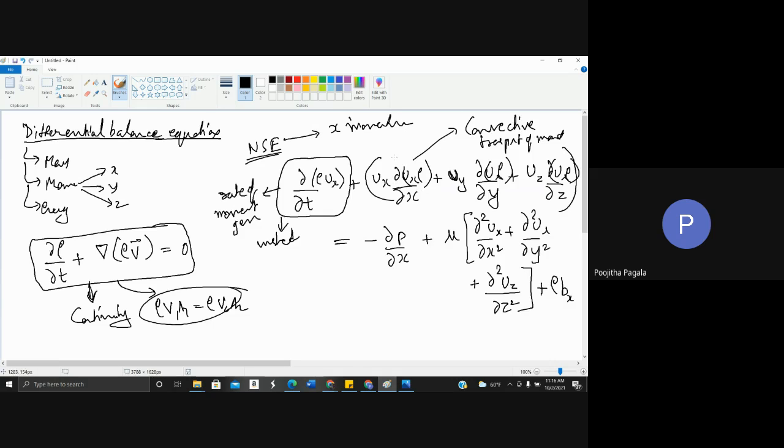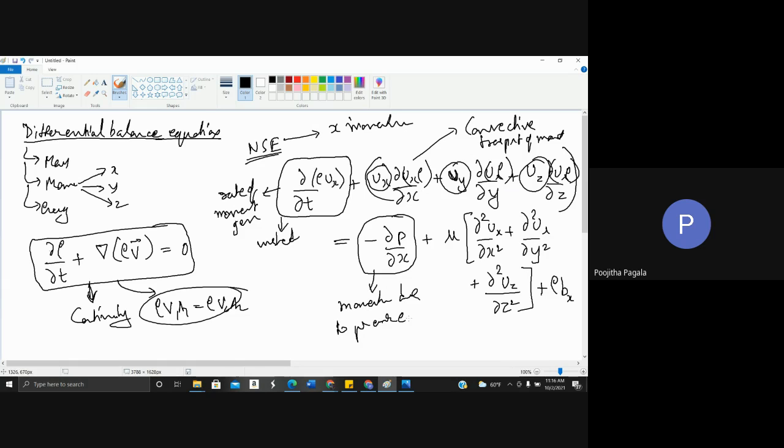which means the momentum which is transported because of the bulk flow of the fluid. You can see here you have ux, uy, uz, which are the velocity components of the bulk fluid. So this is the momentum which is being transported by the bulk of the fluid. And then you have minus dou p by dou x. This is the momentum due to pressure forces.